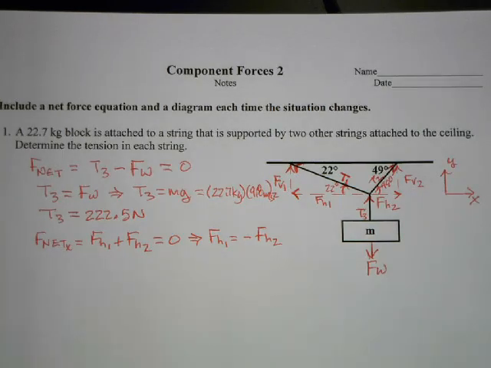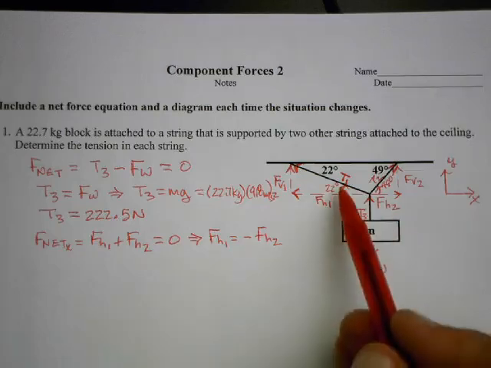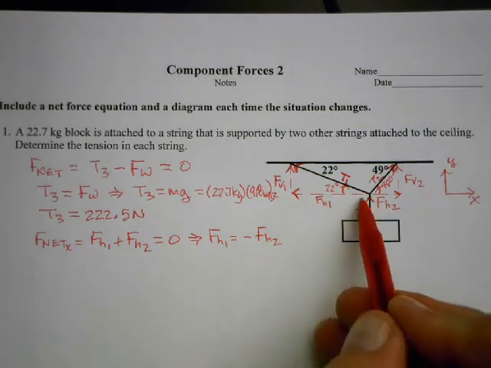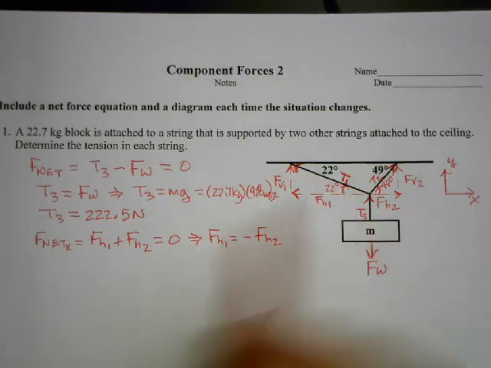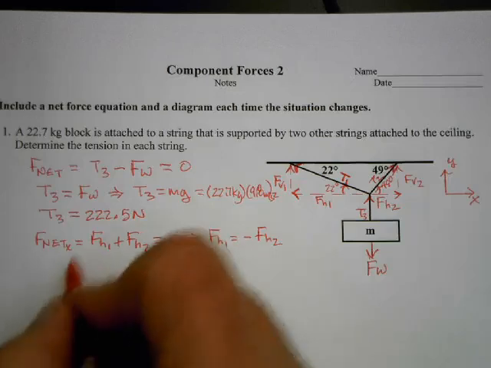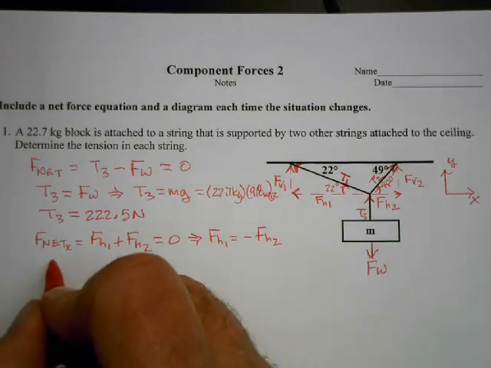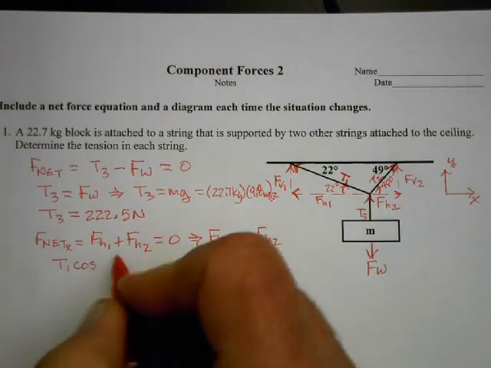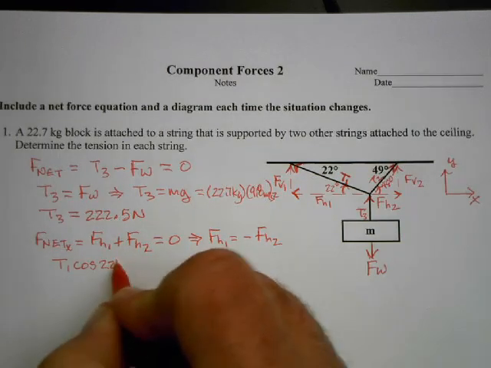Now, we can actually determine these components in a little bit more detail. In other words, this is the horizontal component of this diagonal, and using cosine, basically FH1 will be T1 times the cosine of 22 degrees.